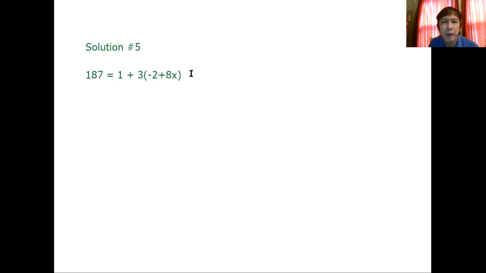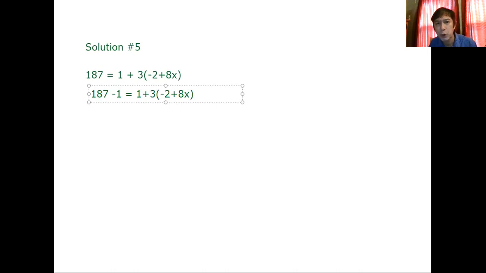We will try subtraction first. Subtract from both sides the number 1. That will be a good solution. Let's continue here. 187 minus 1 is equal to 1 plus 3 times the quantity negative 2 plus 8x.